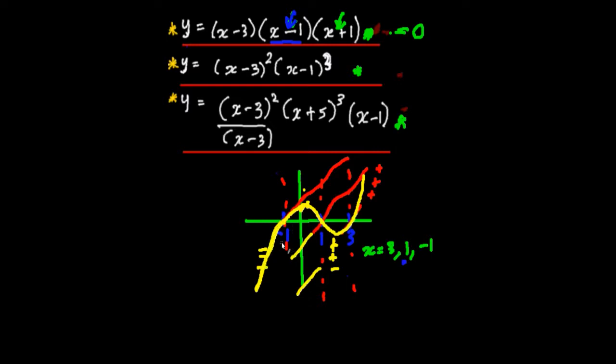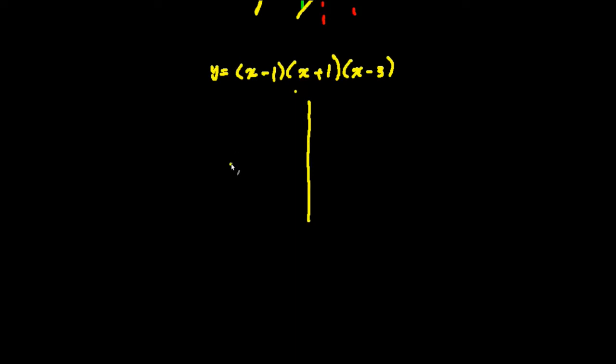So I'll draw this one more time without all this clutter in there. So this is the question that I have. Y is equal to x minus 1, x plus 1, and x minus 3. So that's the question that I have. Okay, alright, so x equals 3, x equals 1, and minus 1.